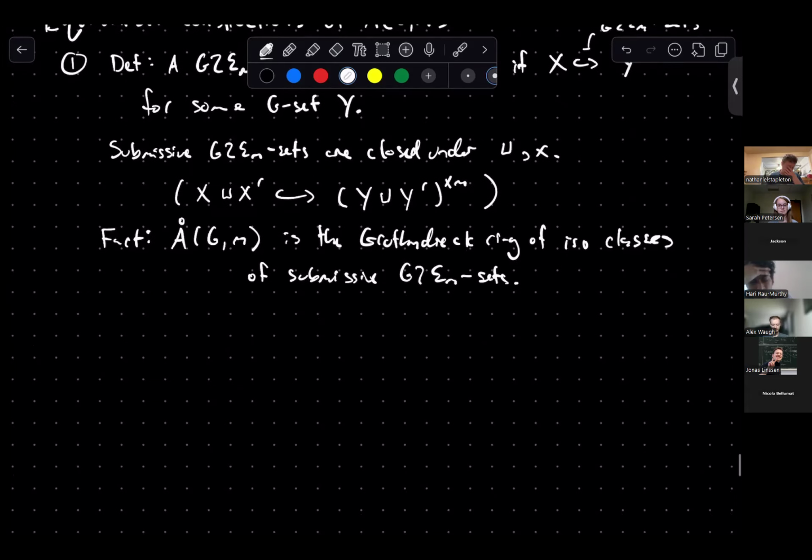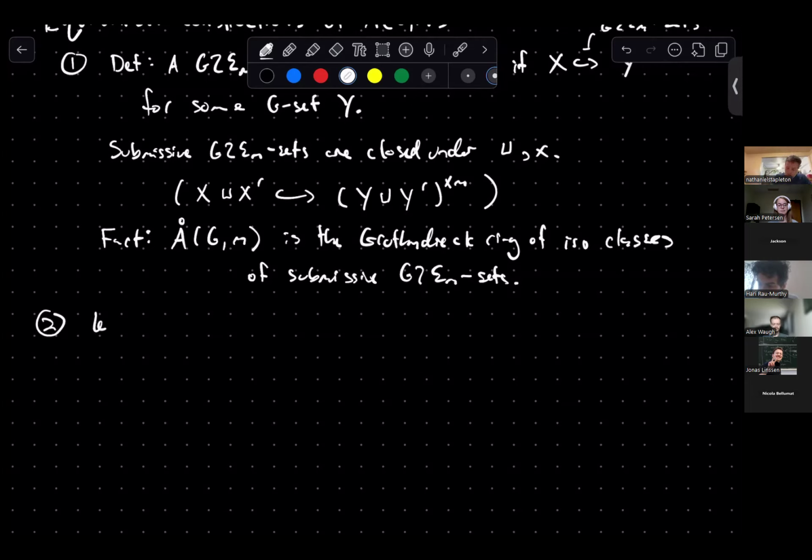Okay. So I want to give another description. Yes, this one's fun. So my goal here is to connect with our formula for the power operation on class functions from last time.